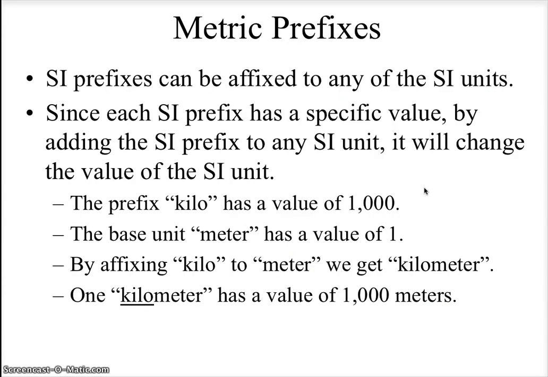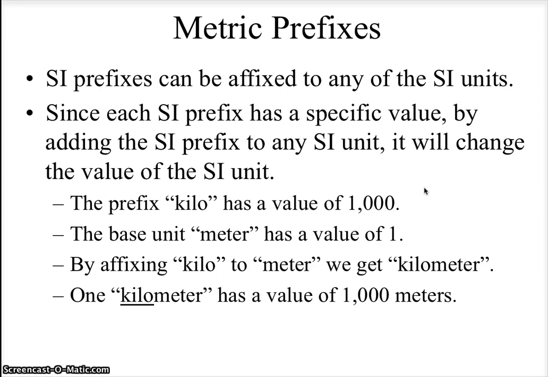Now, for every single unit, to give the unit a little more distinction or a better way to categorize it, we have metric prefixes. And just like in English, a prefix is a part of a word that goes in front of another word.